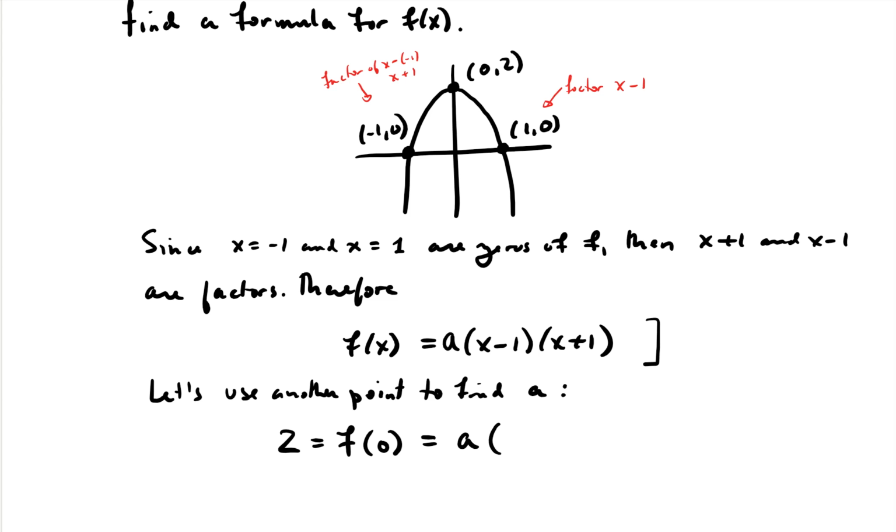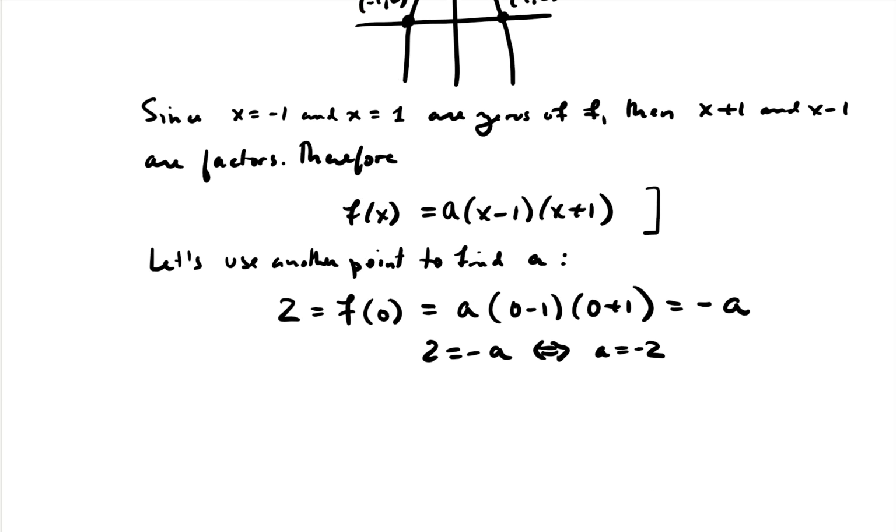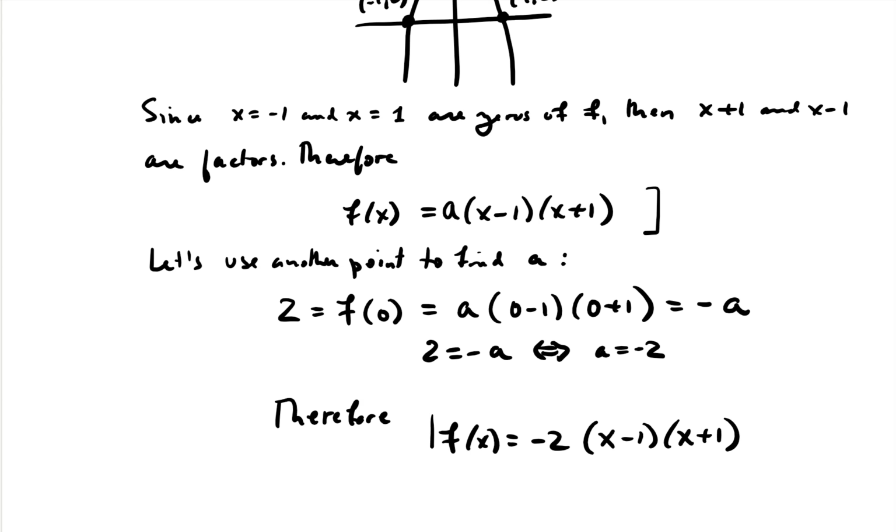This is a times 0 minus 1 times 0 plus 1, and ultimately this is just minus a. So that tells us that 2 is minus a, and that's equivalent to a being equal to minus 2. So now we've got what a is, and so we know exactly what f is. f of x is going to be minus 2 times x minus 1 times x plus 1.